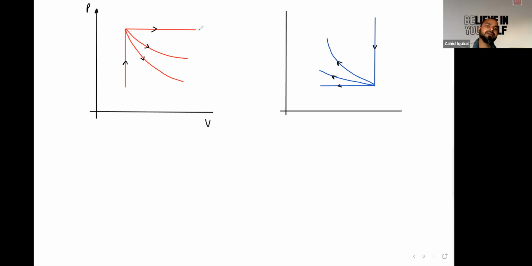So Myra, just tell me, what will be the process for 1, 2, 3, and 4? This is the expansion curve, and this is compression, pressure versus volume.